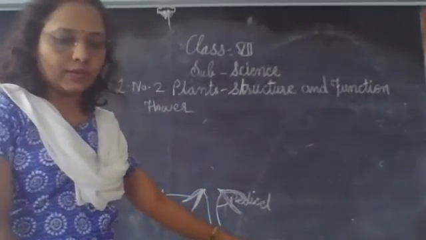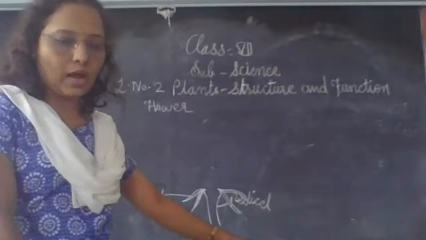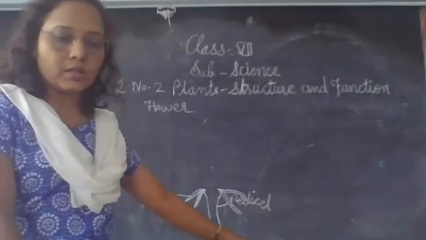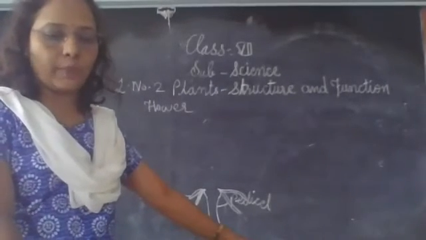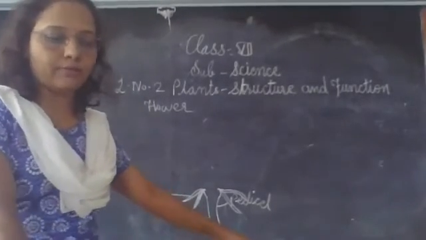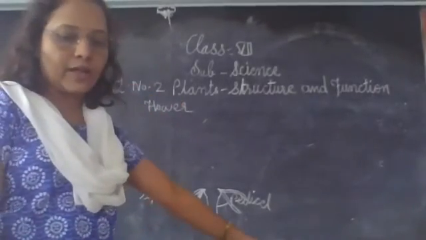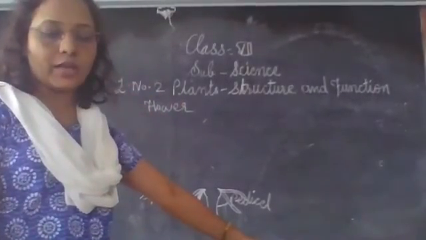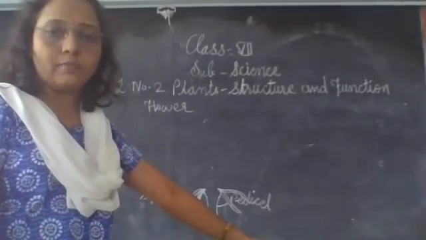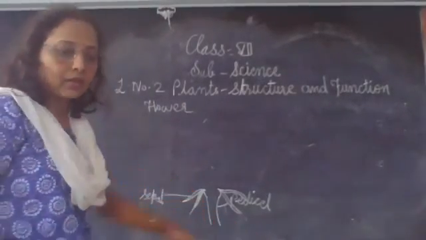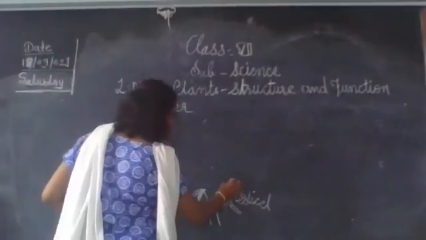Then the calyx and corolla. Calyx means that in the bud condition, the petals are covered by leaf-like parts called sepals, which are green in color, and they form the calyx. Then corolla means the colorful petals.